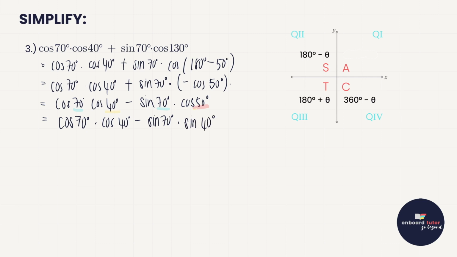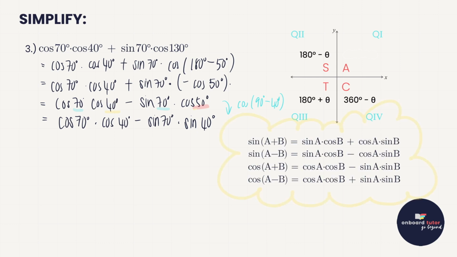So what you're essentially doing is you're making a step here where you say, I'm going to rewrite this as cos 90 minus 40 degrees, and then you co-function it there, and it becomes sine of 40. Now, having a look at this formula sheet, I can see I've got cos, cos, sine, sine, and a minus. So cos, cos, sine, sine, and a minus is cos A plus B. Let's see what that becomes.